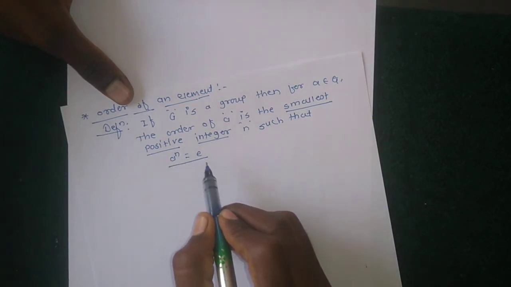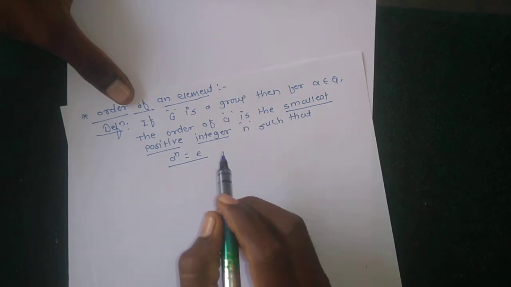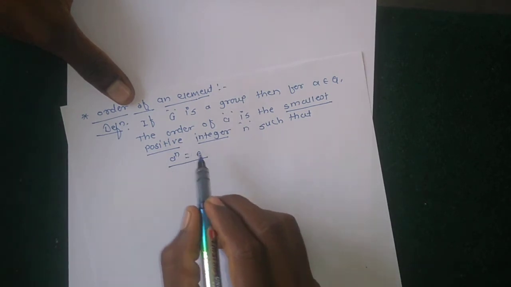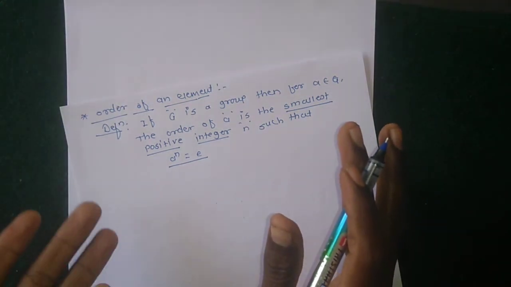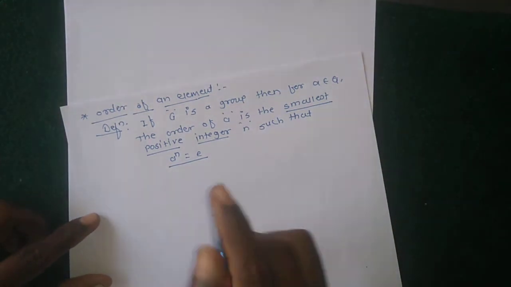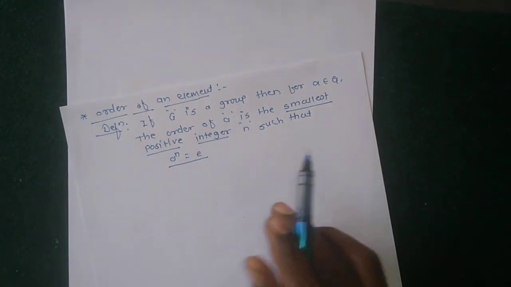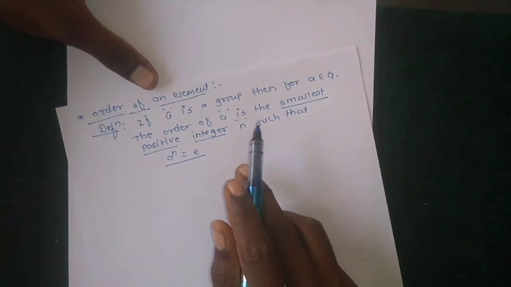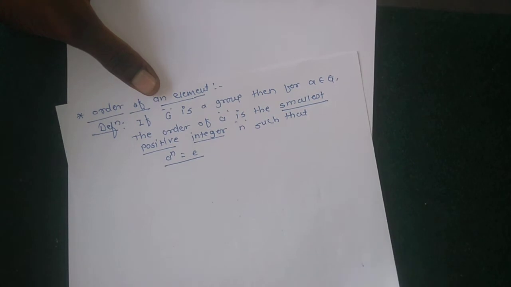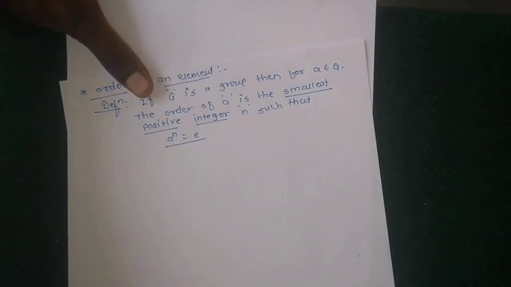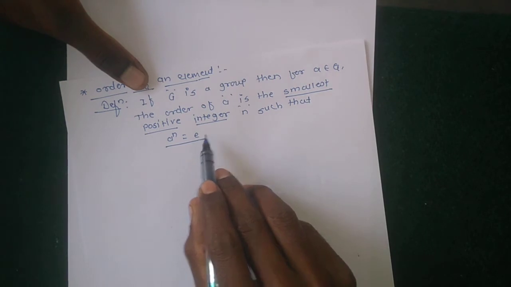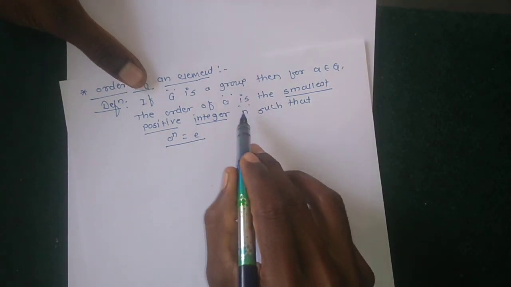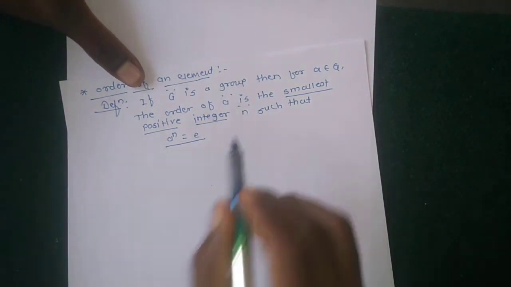But if the group is with respect to addition, then a raised to n is n into a. So if there exists a smallest positive integer n such that a raised to n equals the identity, then n is the order of the given element a.